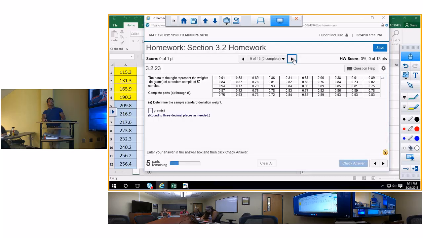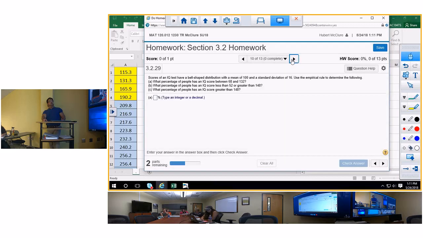Oh yeah, there we go. Now I will not give you a question like this on the test, okay? But you need to learn how to do it, and I would highly suggest that you do this on an Excel spreadsheet, because the more decimals you have, the more chances you're going to have to mess up. So I would highly suggest doing that on an Excel spreadsheet, or do it however you want to, but I wouldn't give you that on a test. The problem I just did, I would.